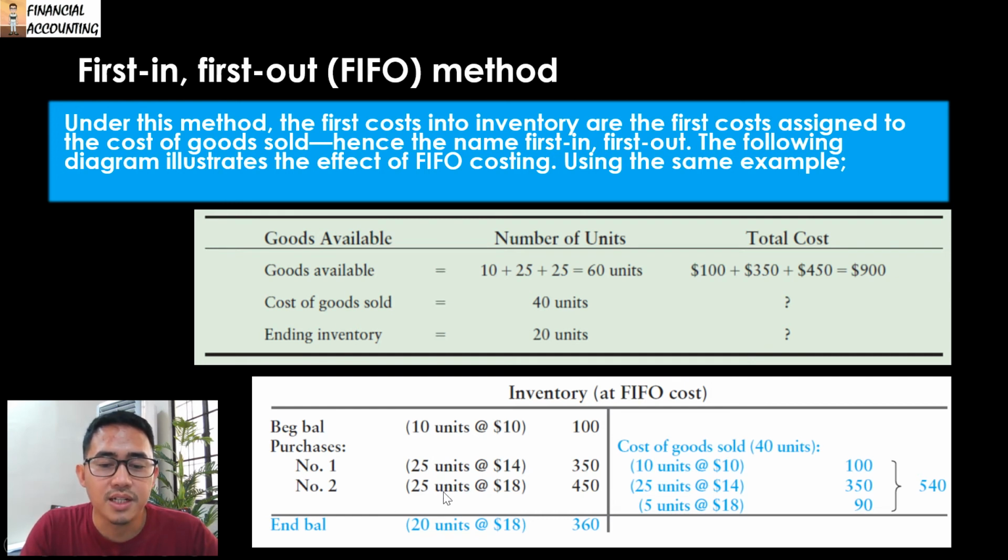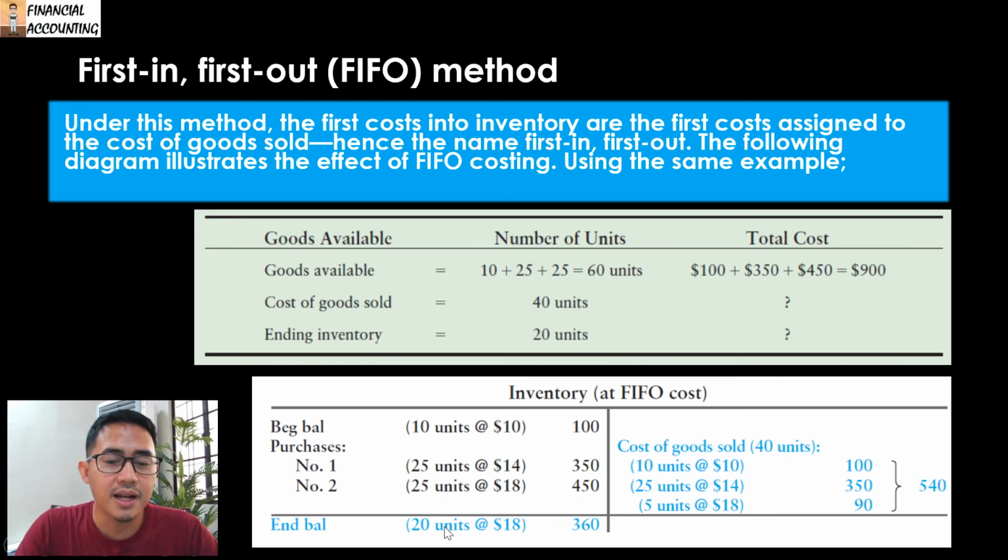So your cost of goods sold should include 5 units at $18. That's how you are going to analyze if you are using FIFO. So get the total of those items and you'll get $540.